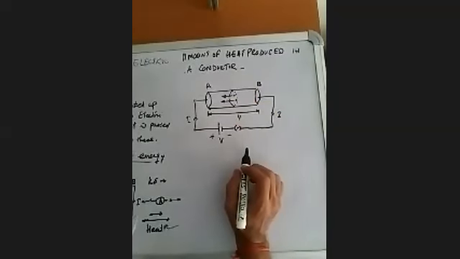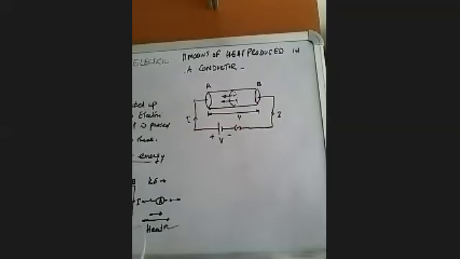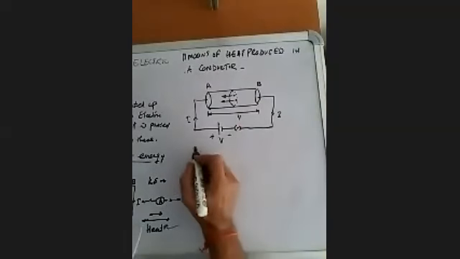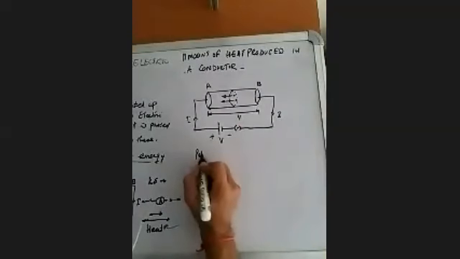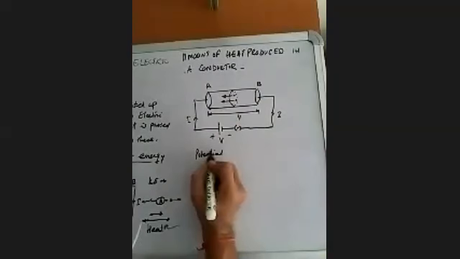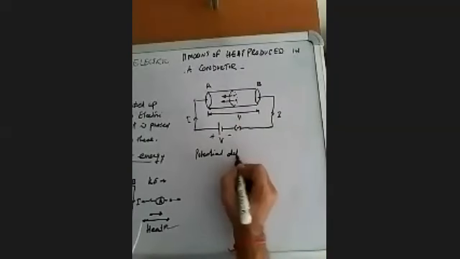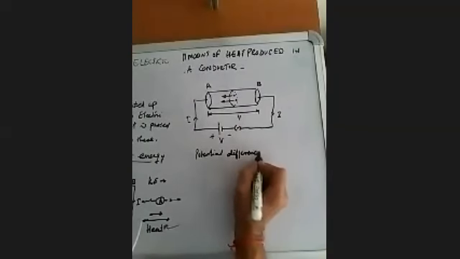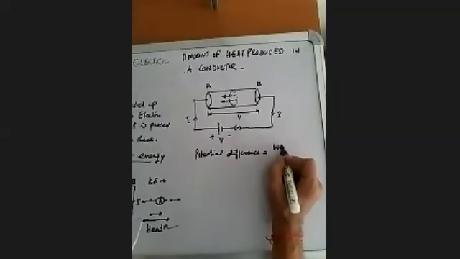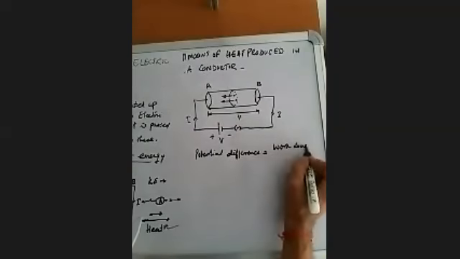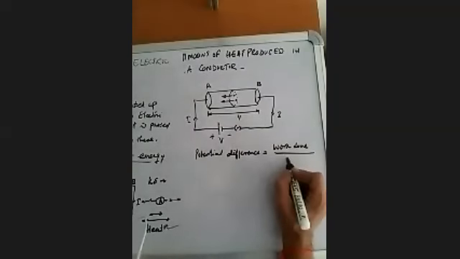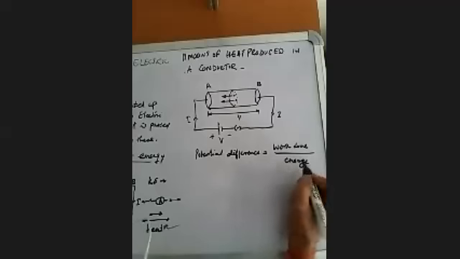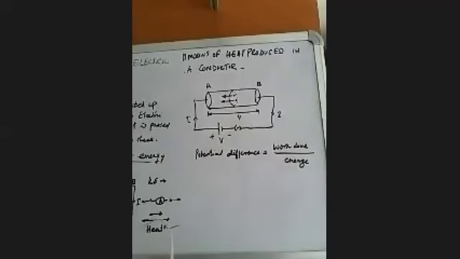Now if V is the potential difference applied, we know the relation: potential difference is equal to work done per unit charge. We have studied this in electric potential.